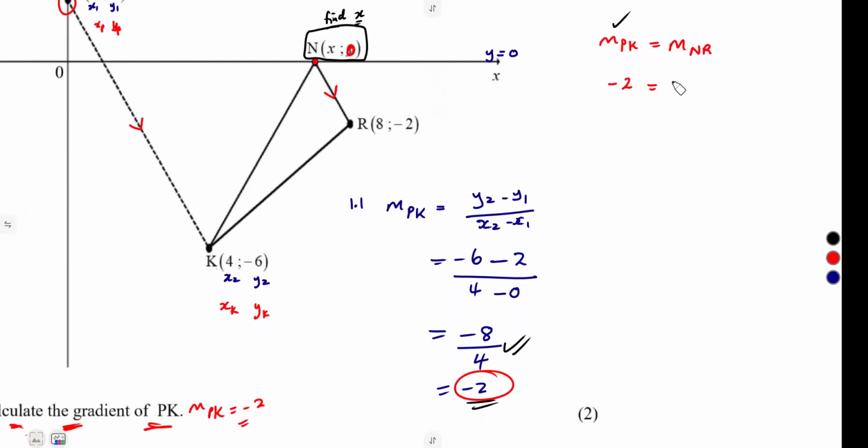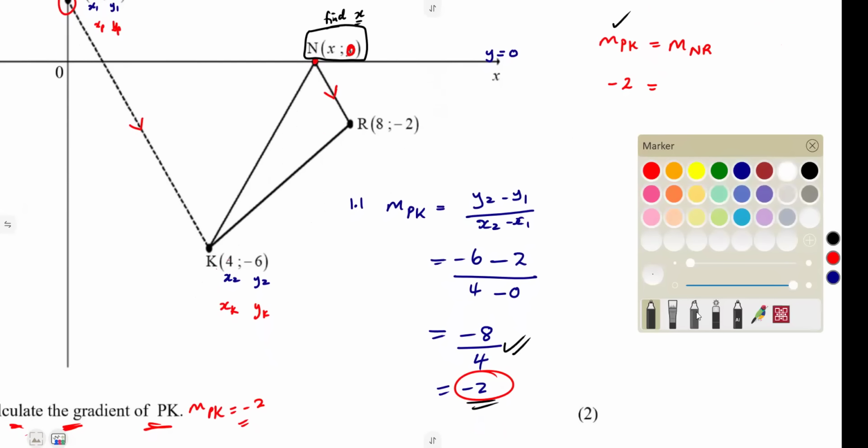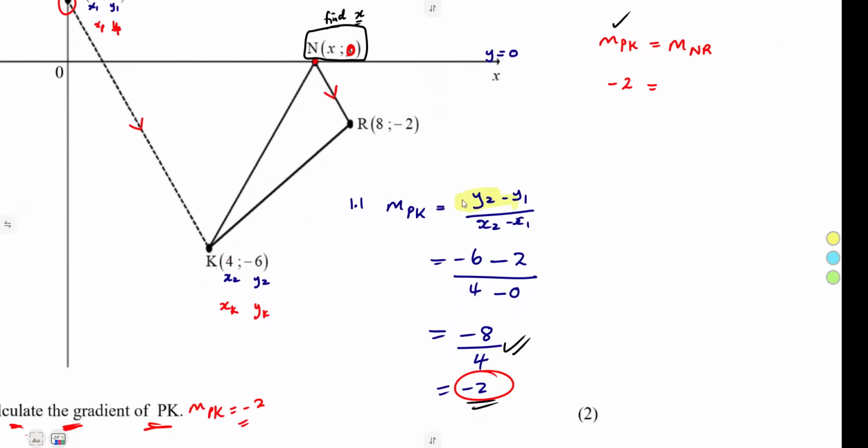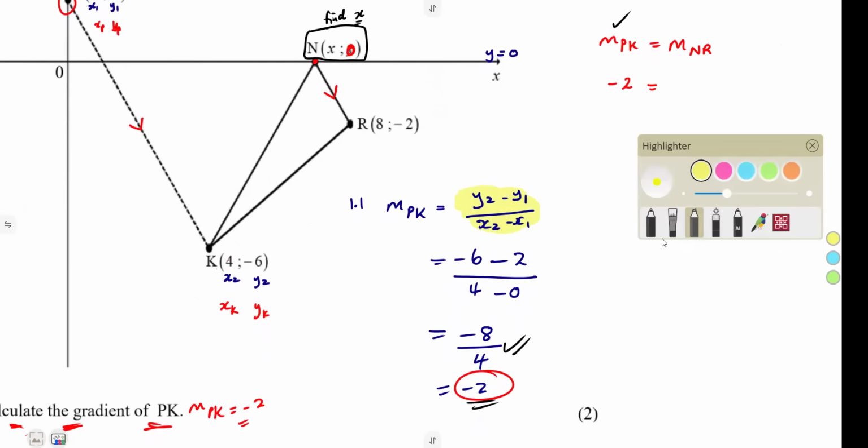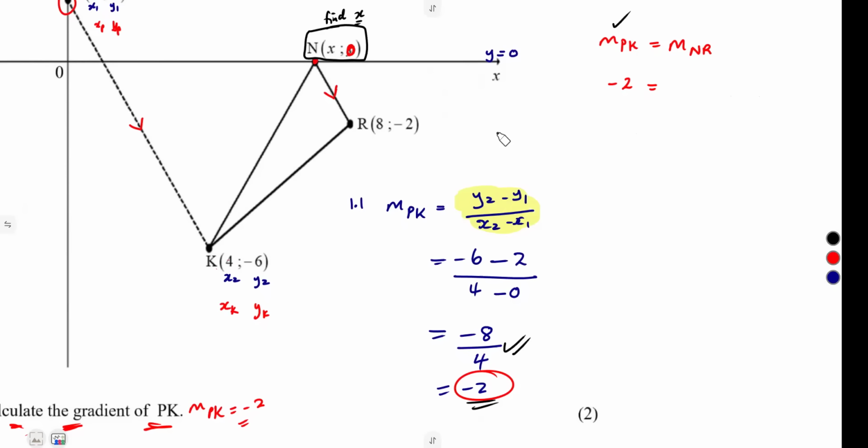So remember, we are going to calculate the gradient of the line NR, this one, N to R. And from our formula for the gradient, let me just indicate, we're going to repeat this formula here, but naming our points according to what we have here. It is up to you.